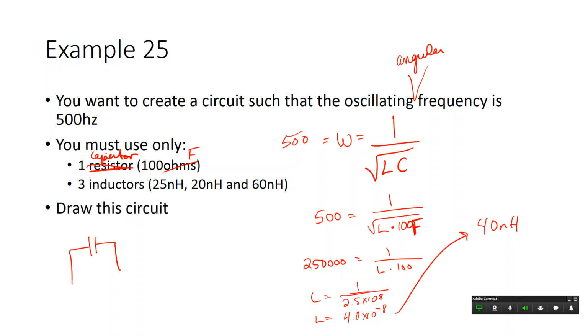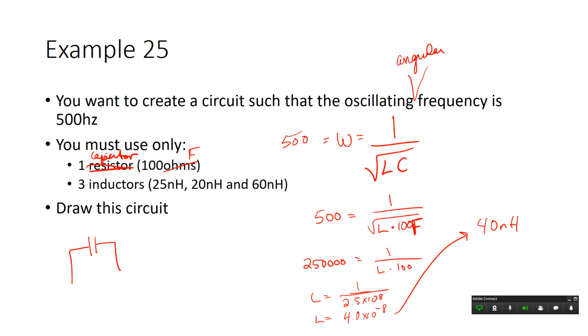Can I add them all in series? No, definitely not in series, because if I add them up, it's 25 plus 20 plus 60, that's 105. That's not what I want. I want something that's smaller than 60. So 60 definitely needs to be in parallel with something else. Exactly, yeah.